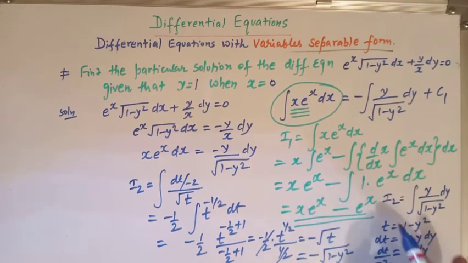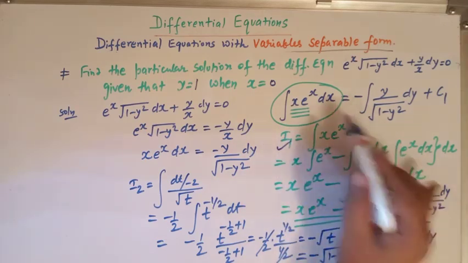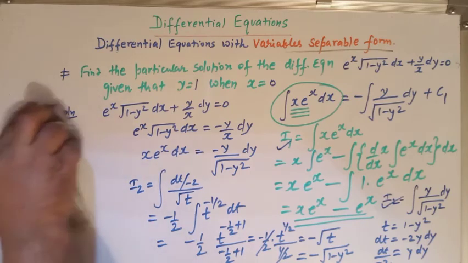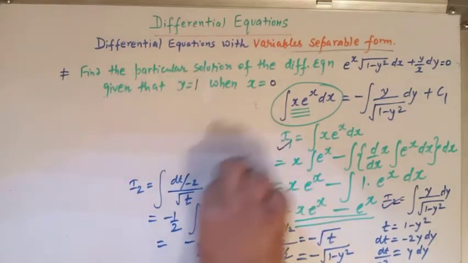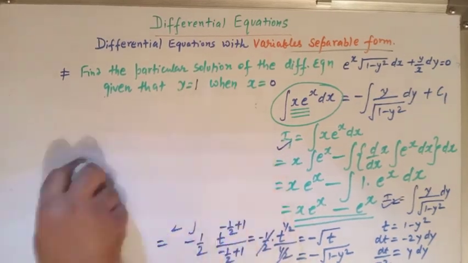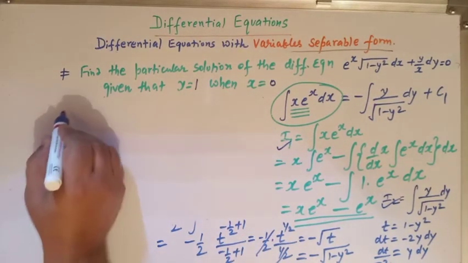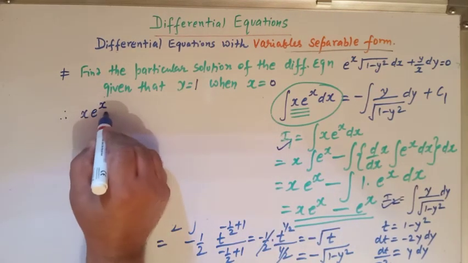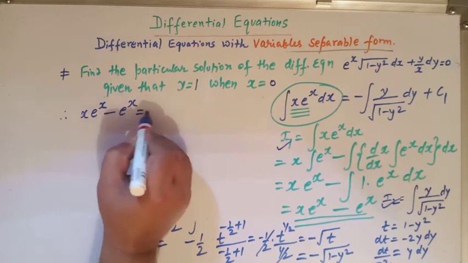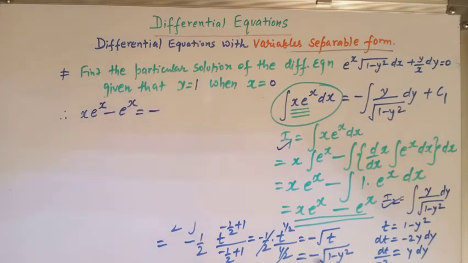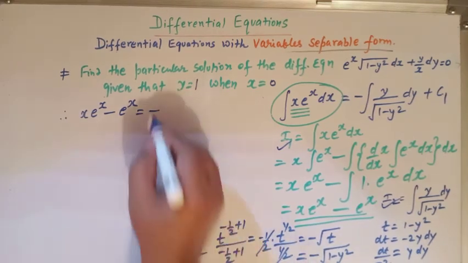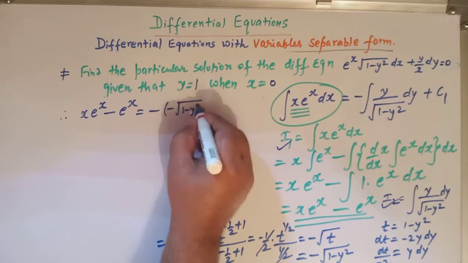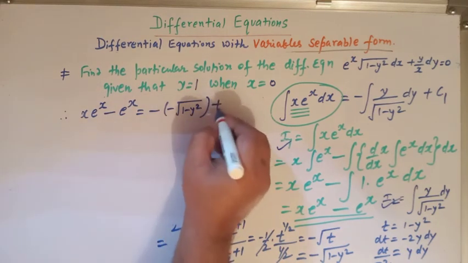Now let us substitute the values of I1 and I2 in this equation. So we get x e raised to x minus e raised to x, and here we have minus of minus square root of 1 minus y square, and plus c1.